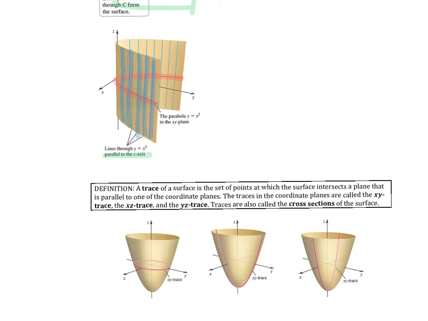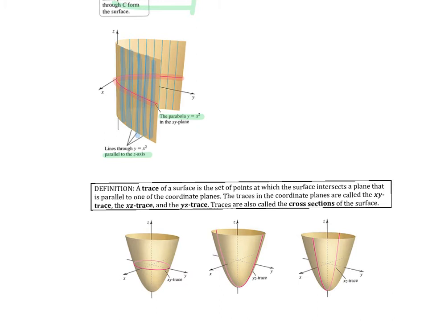Since they're parallel to the z-axis, the equation of my surface is actually the equation of the parabola y equals x squared. Notice that y equals x squared does not have a z variable in there because my surface is parallel to the z-axis.